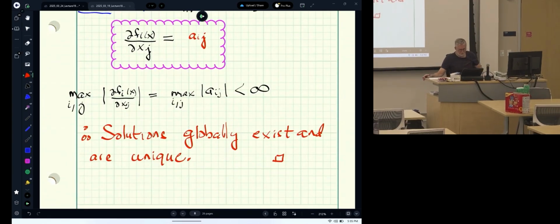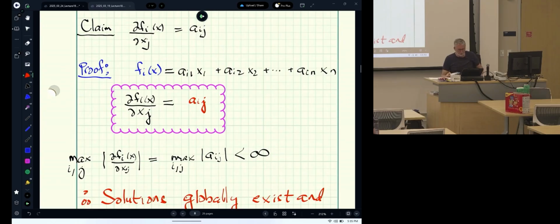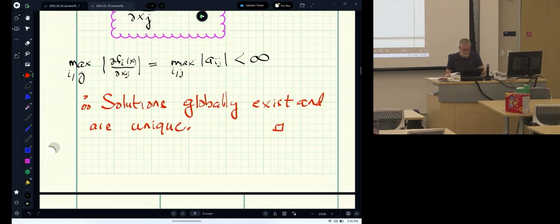Solutions to that globally exist and are unique. And so those arise from RLC circuits. They arise from F equals ma when you have simple masses and springs without rotating elements to give you nonlinearities, et cetera. So there's tons of examples where these linear differential equations arise.